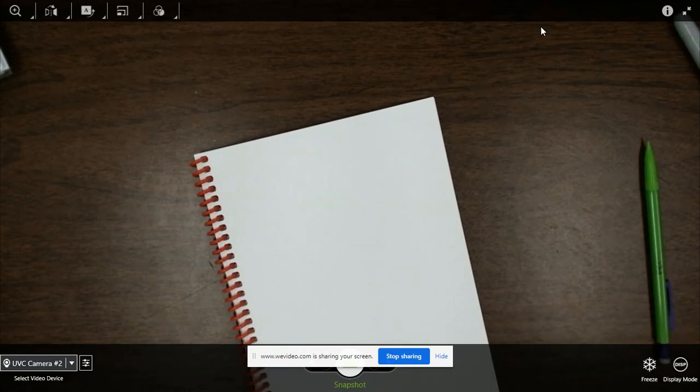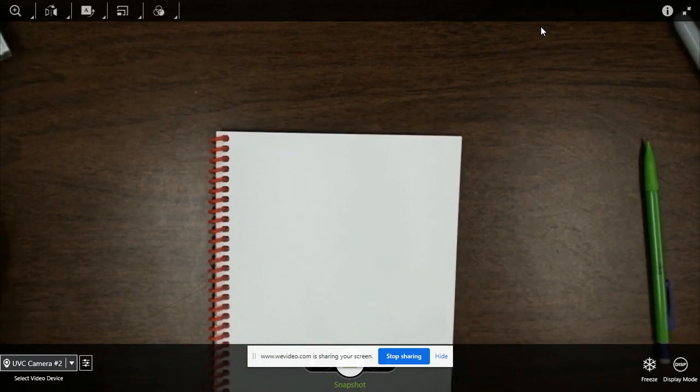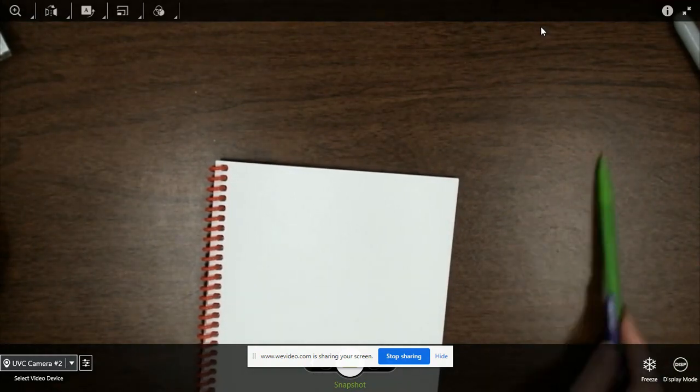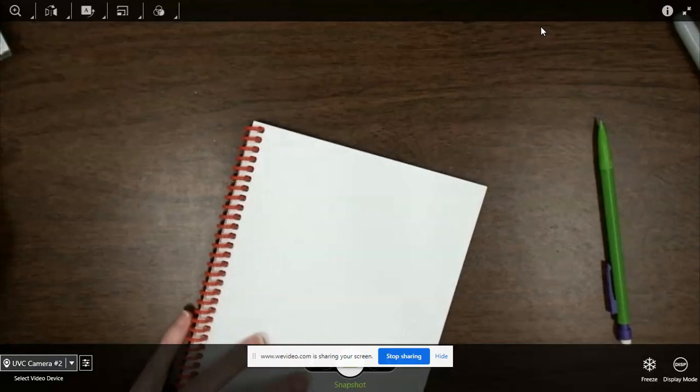Okay, friends, let's go ahead and do some shapes today. We're going to start with talking about how lines can make certain shapes. You have shapes like circles and squares and triangles. Let's start with those.